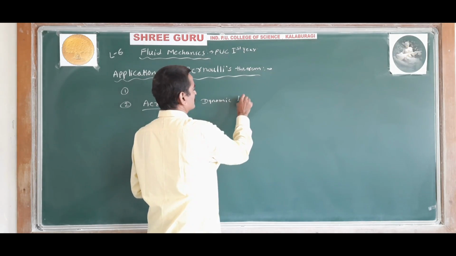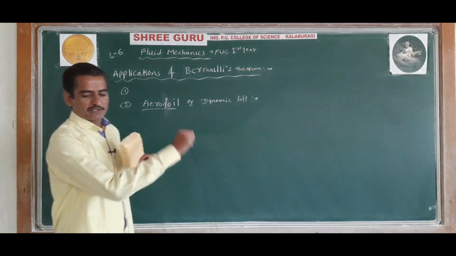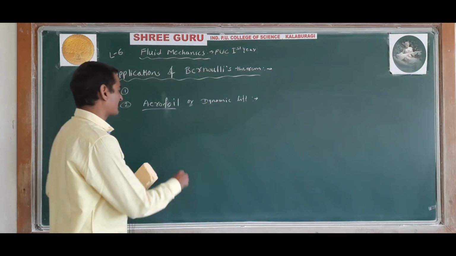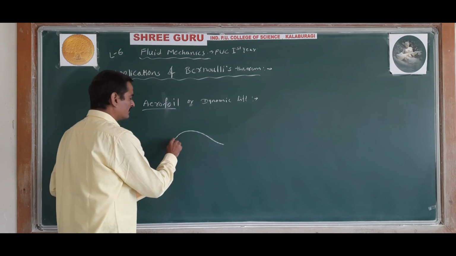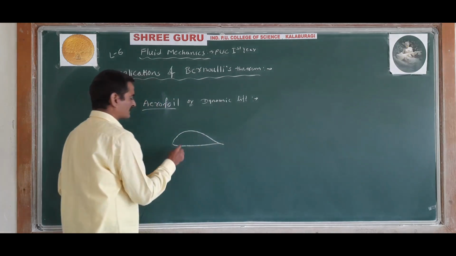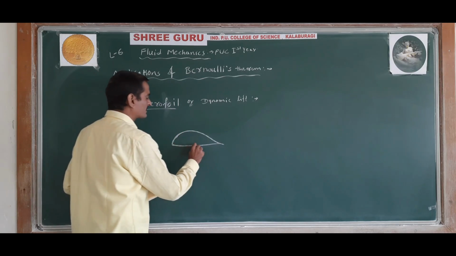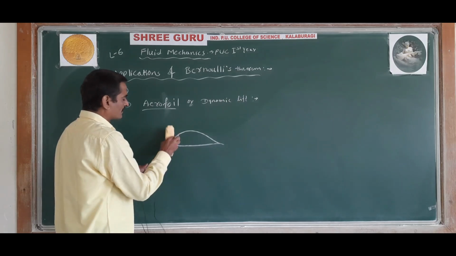Dynamic lift. Okay. The wings of an aeroplane are given a specific design. That is, the upper surface is convex and lower surface is concave.